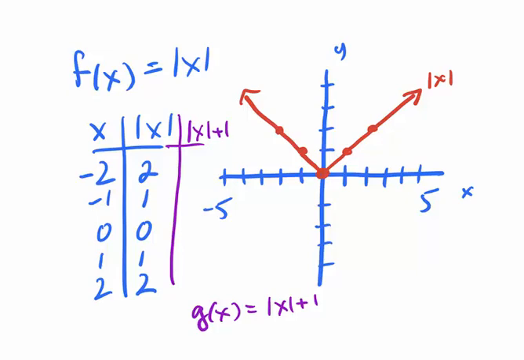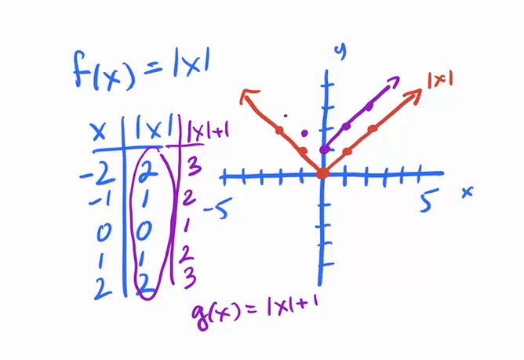So instead of 2, 1, 0, 1, 2, I would have 3, 2, 1, 2, 3. I'm just taking the y values from the absolute value of x and adding 1 to each of those. This just makes my graph go up 1 in the y direction if I plot those points. And so we call that a vertical shift or a vertical transformation up 1.